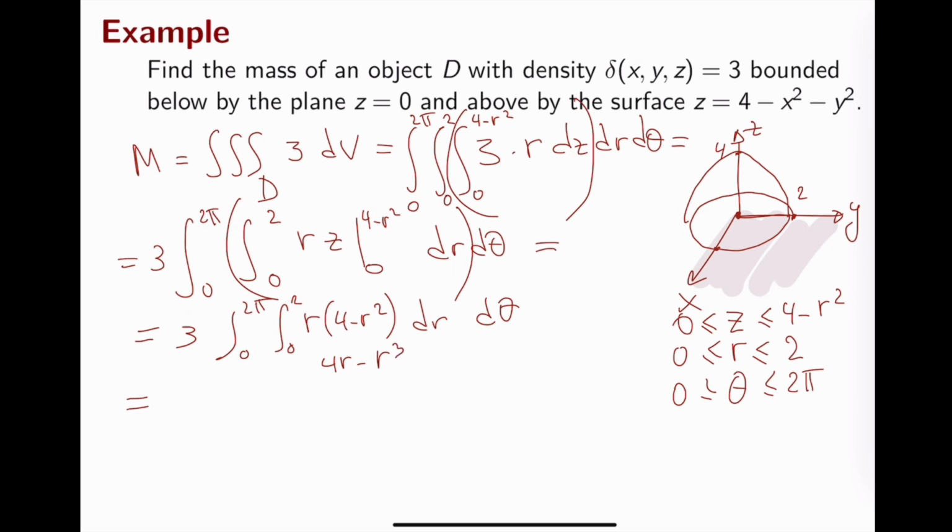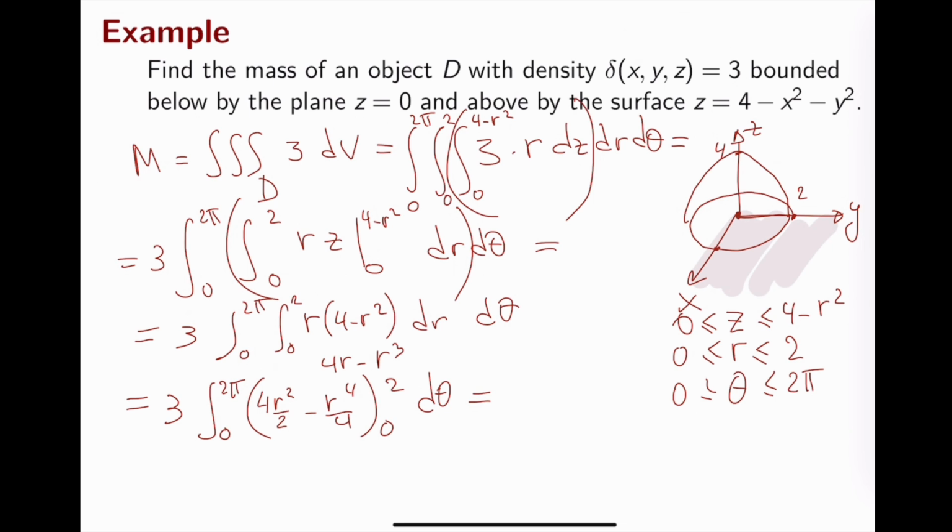And so the primitive of this function now will be 3 times the integral from 0 to pi, and now we are going to integrate directly this function. The integral of 4r will be 4r squared over 2 minus the integral of r cubed, which is r to the 4th over 4, and this is going to be evaluated between 0 and 2.